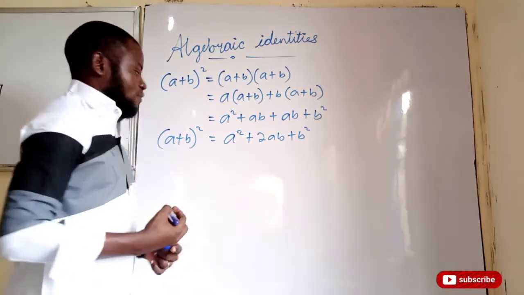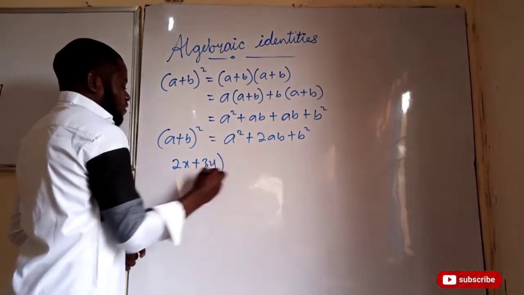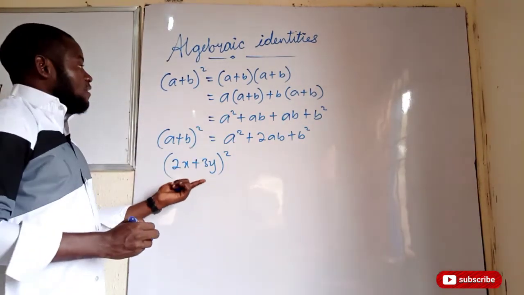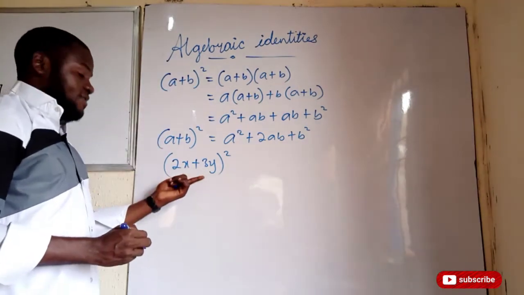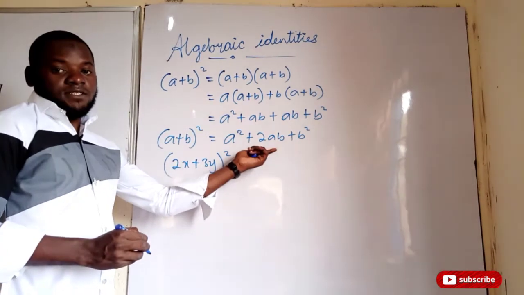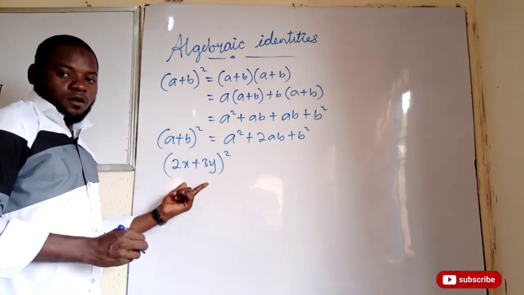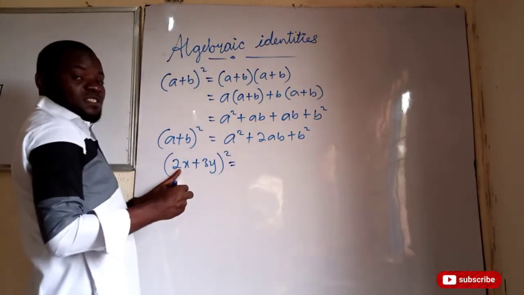So let's take an example. If I have (2x + 3y)², this expression here looks the same as what we start with. Hence, our answer should also look the same as what we end with, because this is also what? Square of two sum. So this is going to be a, which is the same thing as 2x.